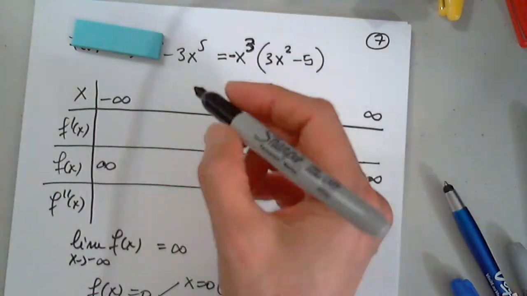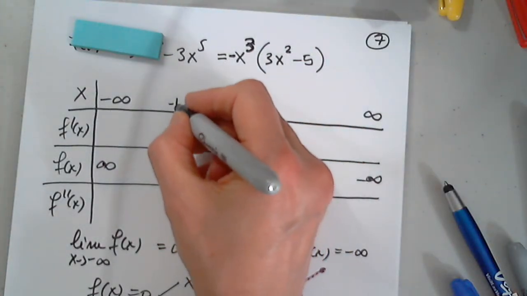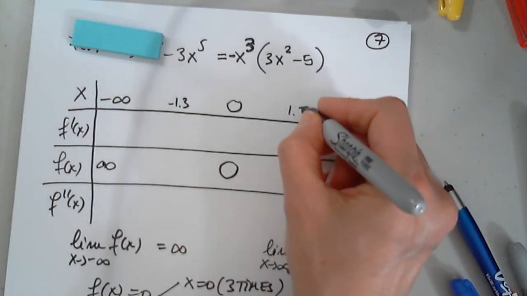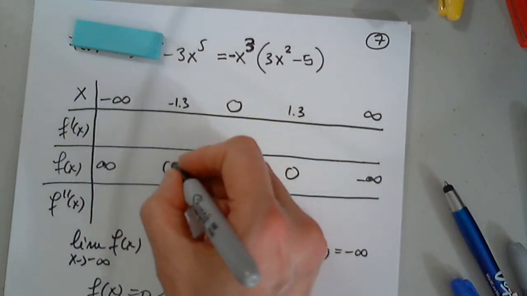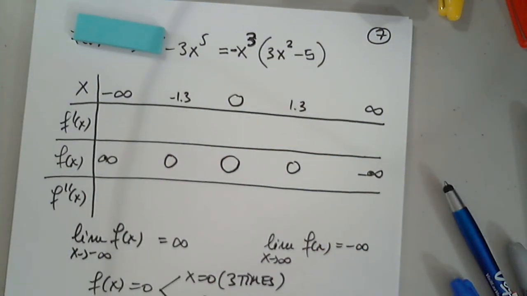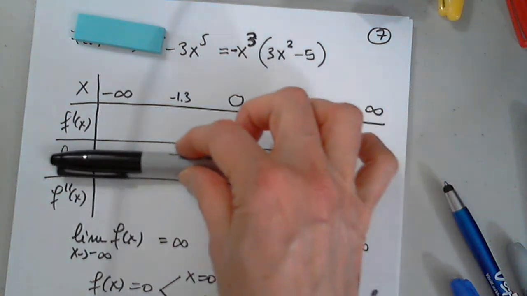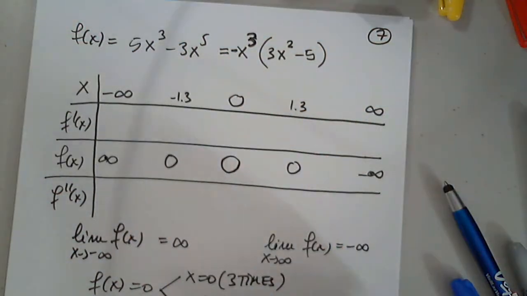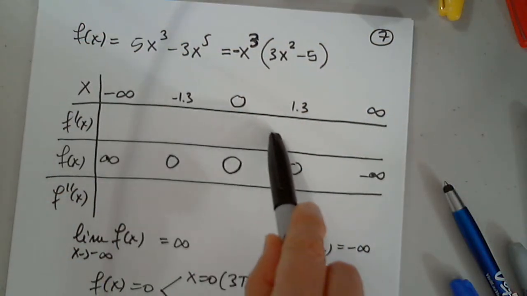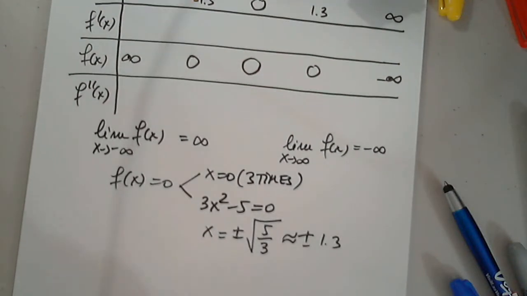So then I have negative 1.3 and 1.3, 0 and 0. So at this point, there is nothing I can find about the function from the function itself, and I will move on to the first derivative.